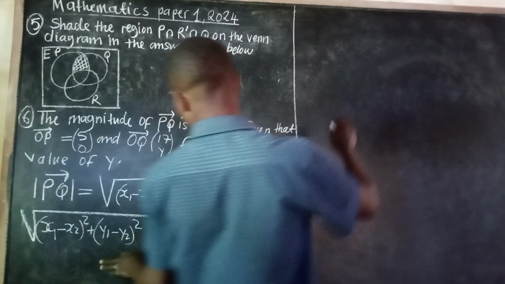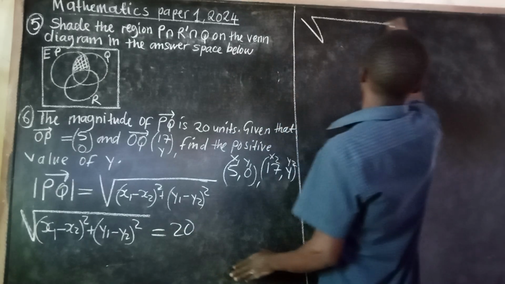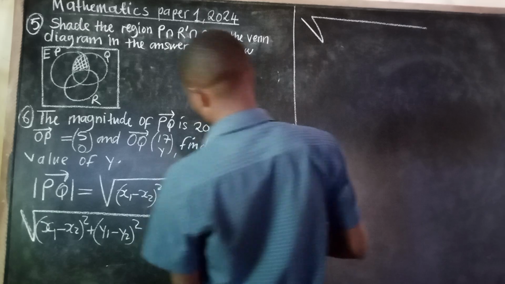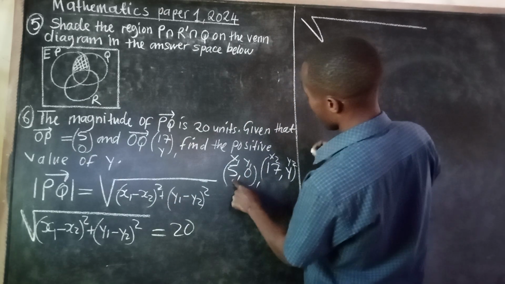So I think we can use the other part of the chalkboard. What is our x1? x1 is 5.